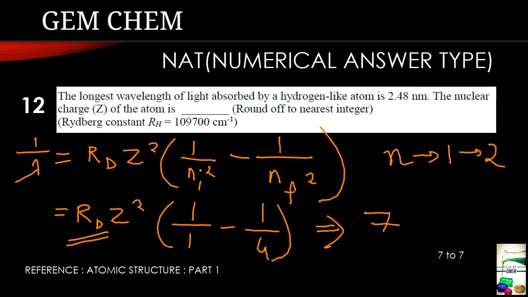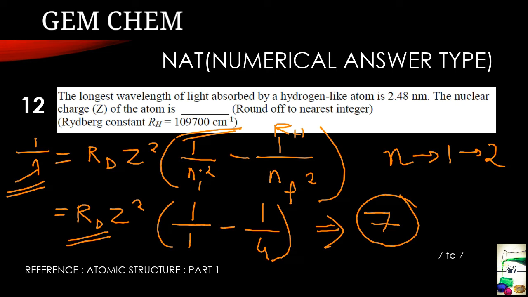If we substitute the R_H value and the lambda value in nanometer, we get the value of Z to be 7. Just substitute the values, you will get the answer.